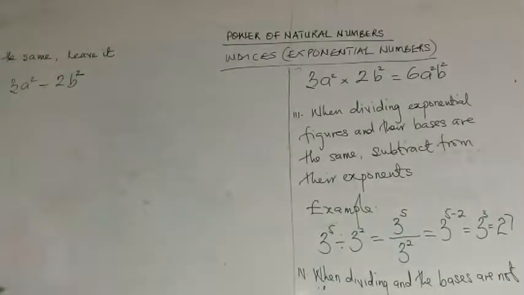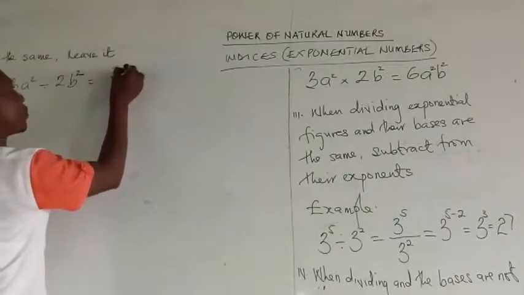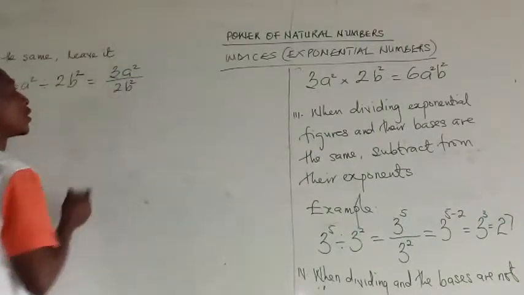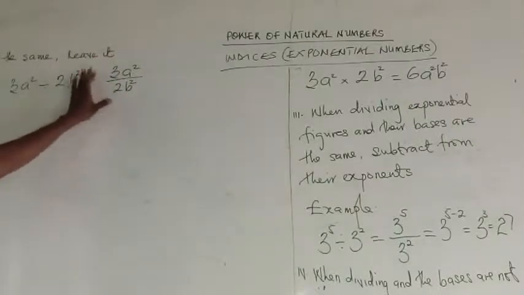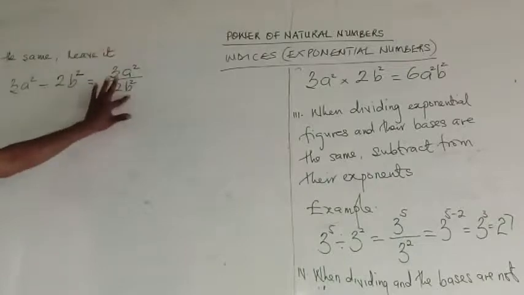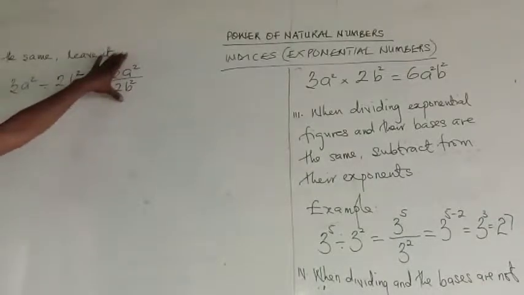You can't do anything about it, so this one will still be equal to the same thing, simply because you can't do anything about 3 and 2. The best you can do is to change 3 and 2 to a mixed number. But a squared and b squared don't have any bearing. So in such a case, you just have to leave it like that.